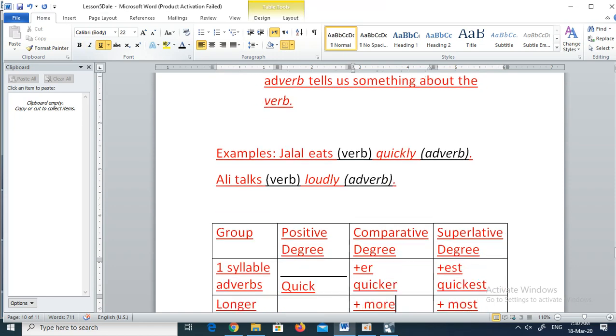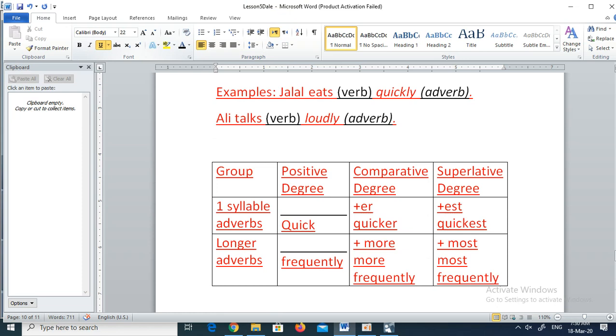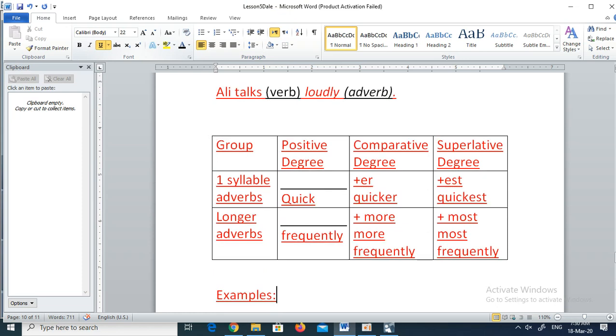It is very simple to make the adverbial degrees of comparison. If the adverb is only one syllable long, like quick, then we will simply add ER to make the comparative degree, so it becomes quicker, and we will add EST to make the superlative degree quickest.